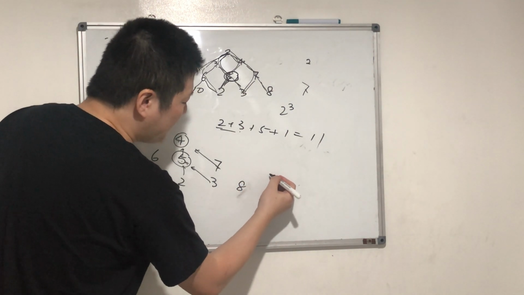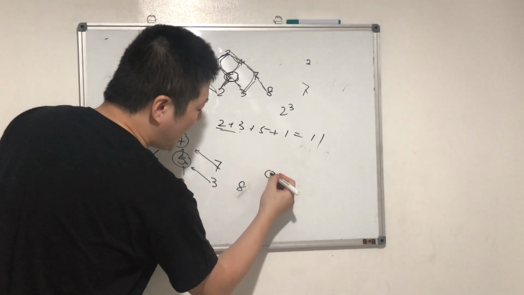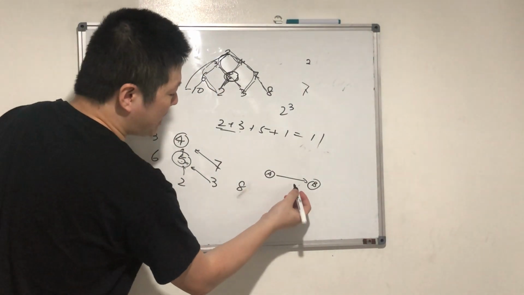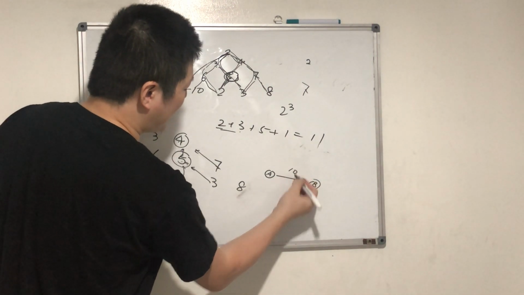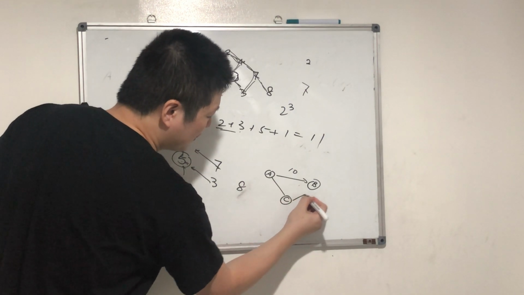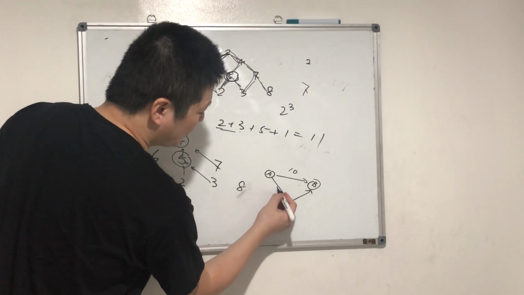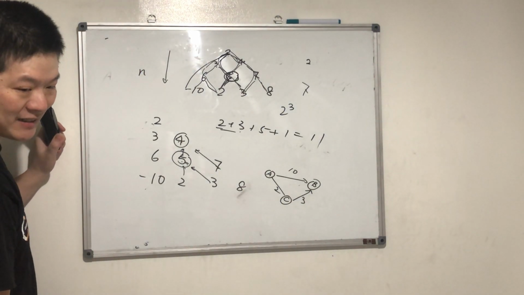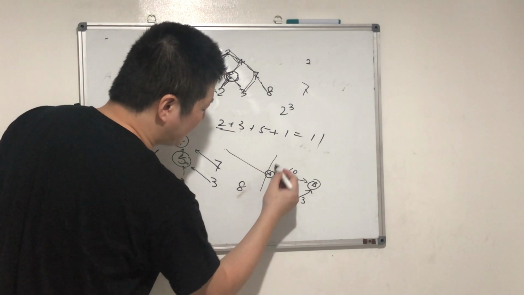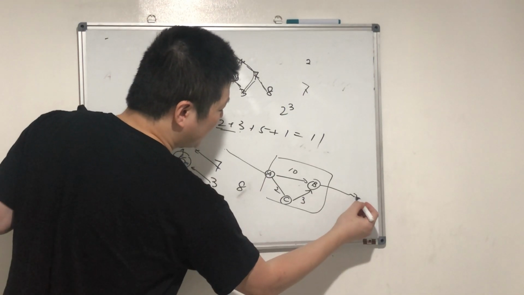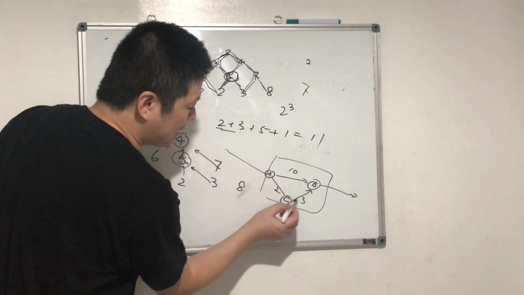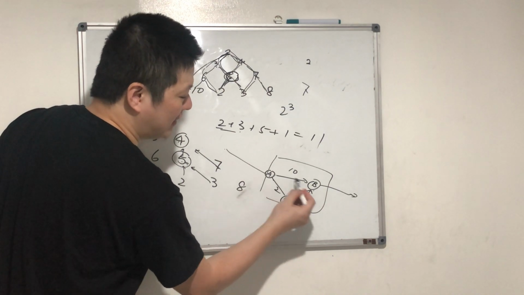Look, if A to B is 10, and then A to C and C to B, this is 2, this is 3. So look, if the path consists of this bit and then I want to go to here, the shortest path can always be replaced by ACB, because ACB is shorter than AB, right?